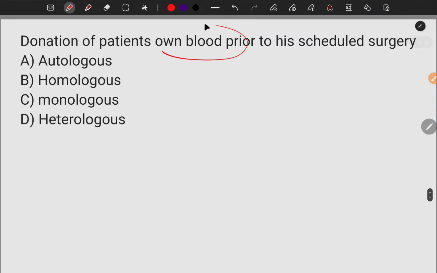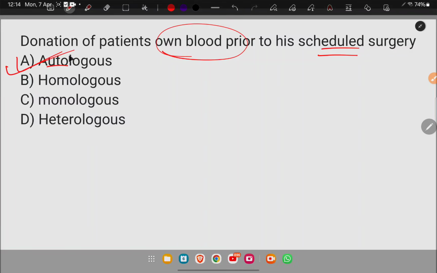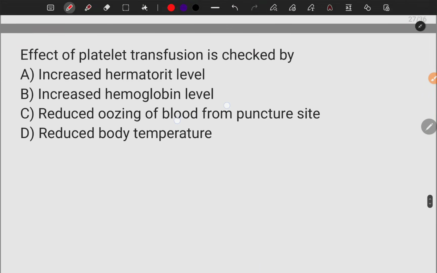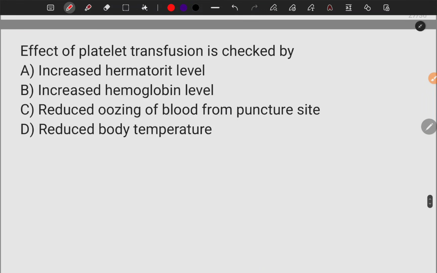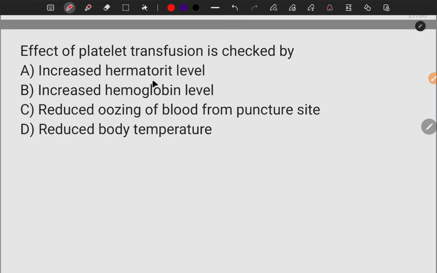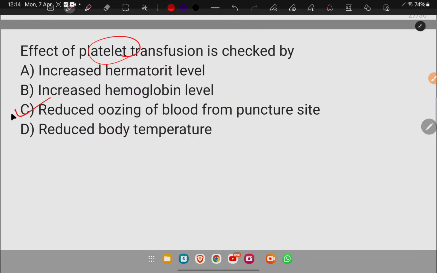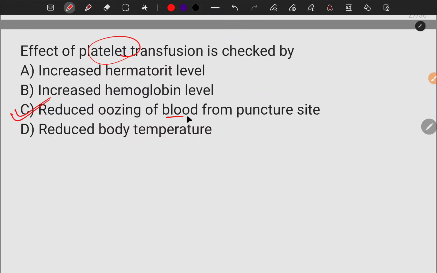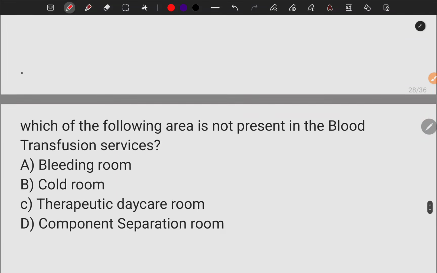Donation of a patient's own blood prior to his scheduled surgery is called autologous, homologous, monologous, heterologous. So autologous is the answer. Effect of platelet transfusion is checked by reduced oozing of blood from the puncture site. If the blood stops oozing out, that means your platelet transfusion is successful.